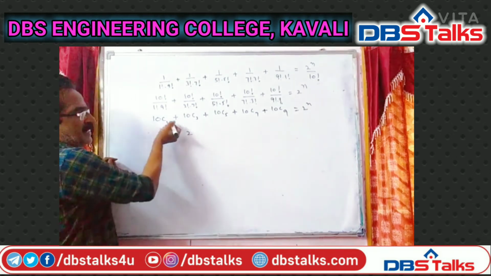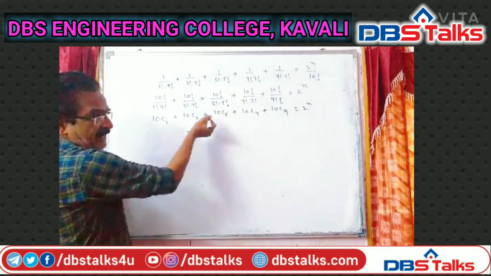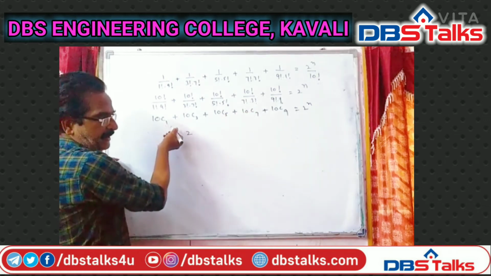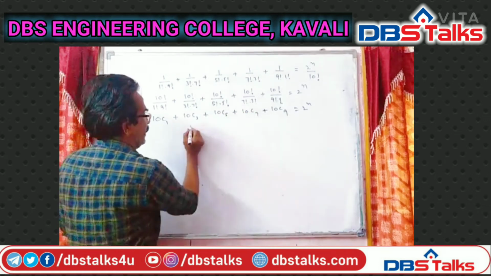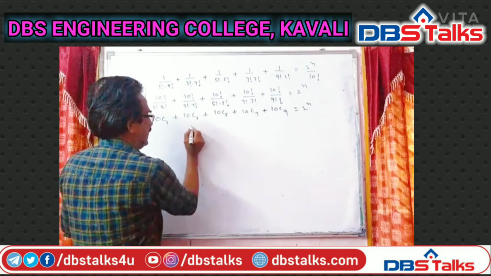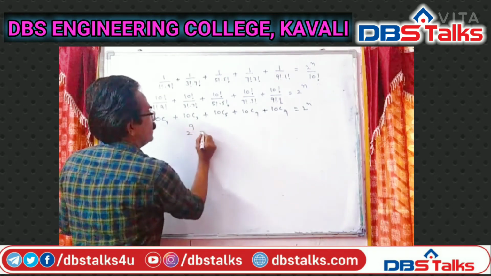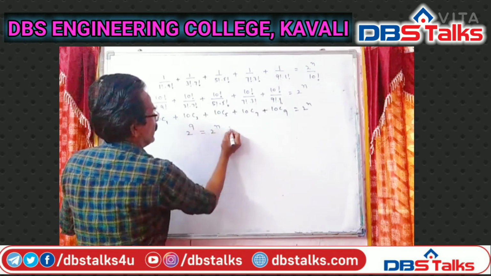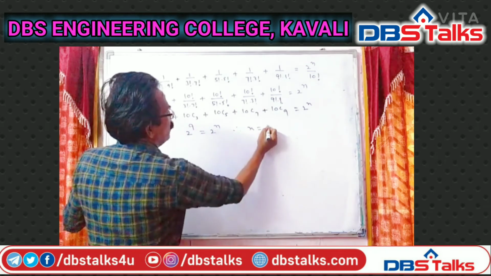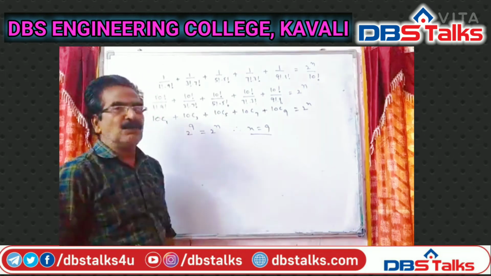All of the LHS will be reduced to 2 power n minus 1, which is 2 power 9, equal to 2 power n. Therefore, n is equal to 9.